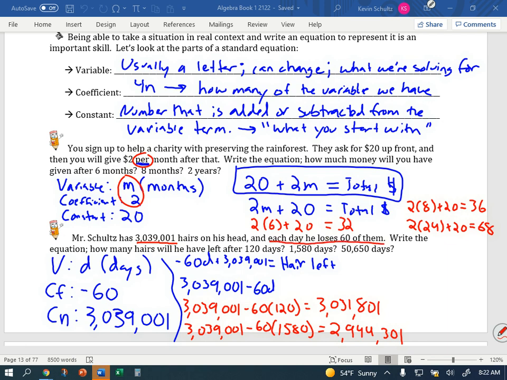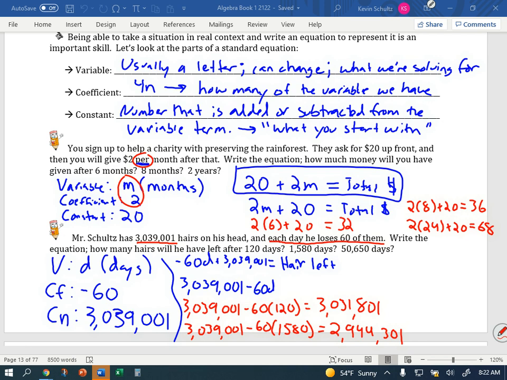Each day he loses 60 of them. So it connects that negative 60, because I'm losing them, with our variable d. It takes practice, but variables are kind of easy to pick out. Look for those words: per, each, every.